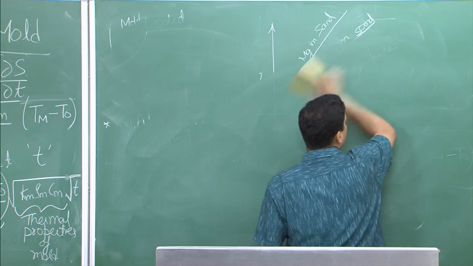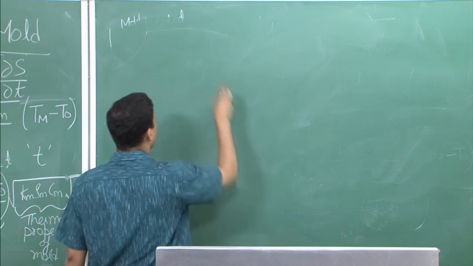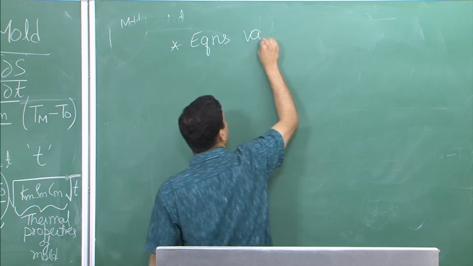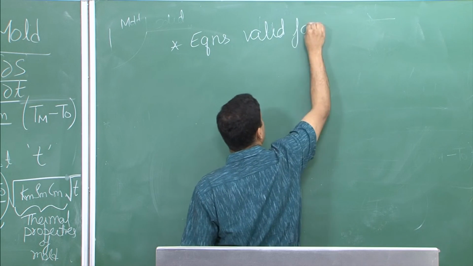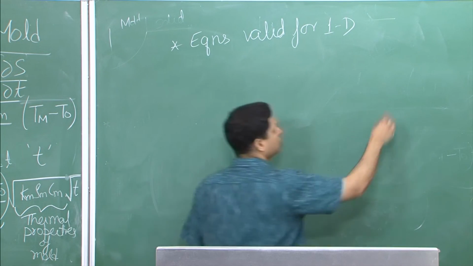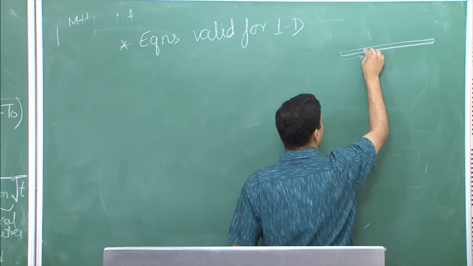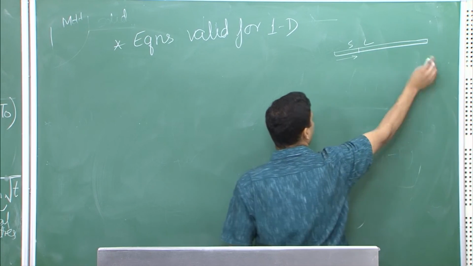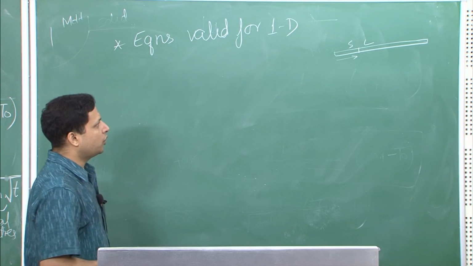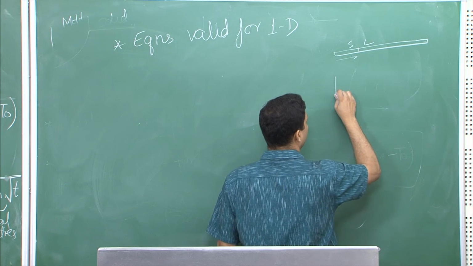Remember, we said that these equations are being derived for one dimensional objects. So for example, a very thin rod, and we were looking at the solidification of this, then this is solid, this is liquid, and this equation was valid. But what will change if we are talking about some simple geometry but 3-dimensional, let's say a cuboid?